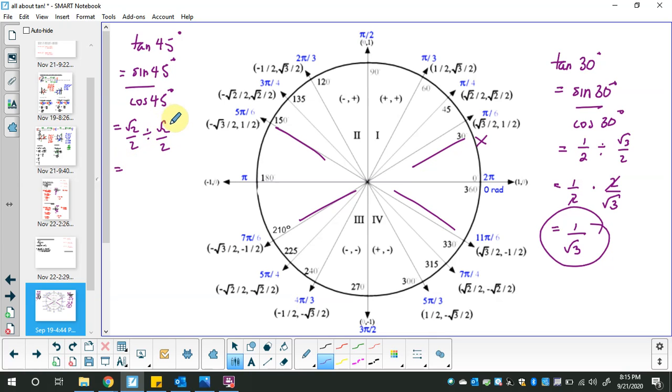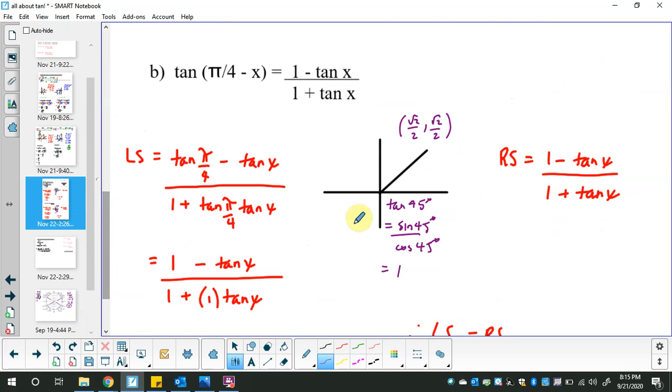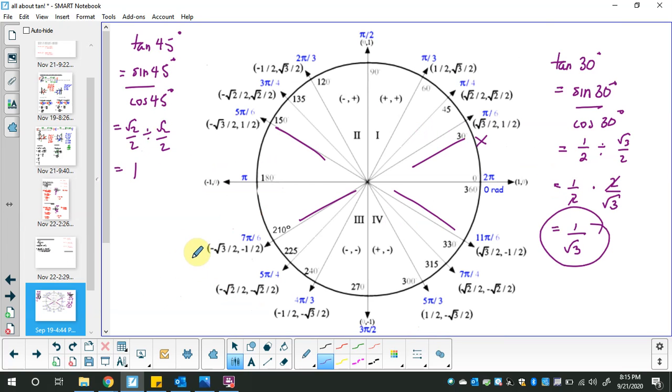I can flip and times, or I can realize that anything divided by itself is 1, or even better, I can realize that I did this question already. So everywhere there's a tan 45, I can replace it with a 1. That's a pretty good deal.